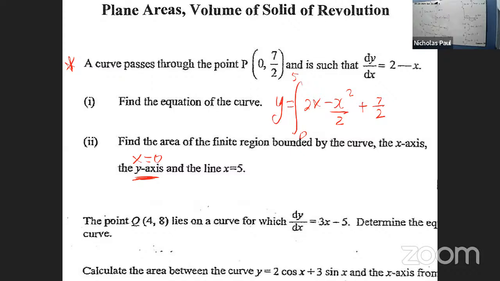They get the curve first and then integrate. So integrate that. What do you think of that, 2x? Or what do you think of that, x squared over 2?